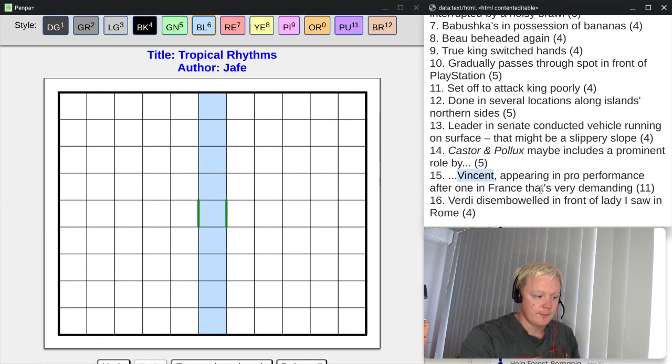So a word for Vincent, appearing in, we put it inside pro performance, and all of that is after a word for one in France, and that's the connector here, and the answer means very demanding.